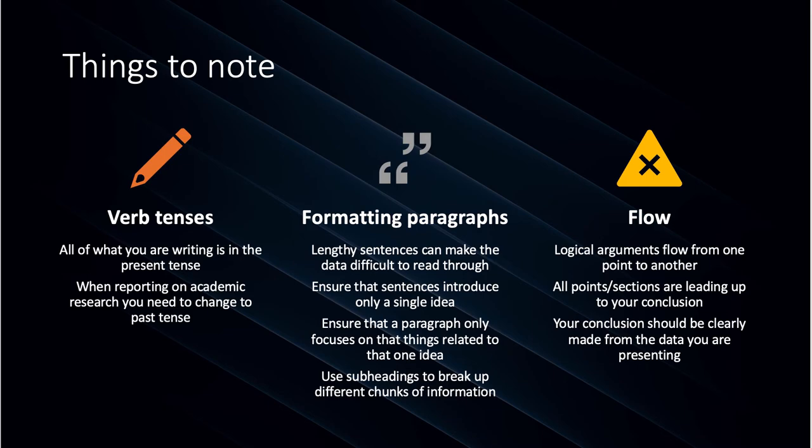If you're arguing what the best food is, you're not going to say that it tastes good and argue a point about taste and then talk about presentation and then go back to taste and then go into the health benefits and then go back to taste. What you're going to do is you're going to say it presents really well. Here's my point about how it's healthy for you, and then you're going to talk about how it tastes really good. Here are my 3 bullet points on taste, or my 3 things I'm going to mention about taste.